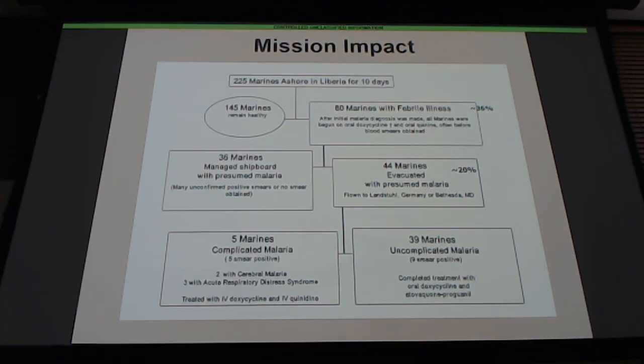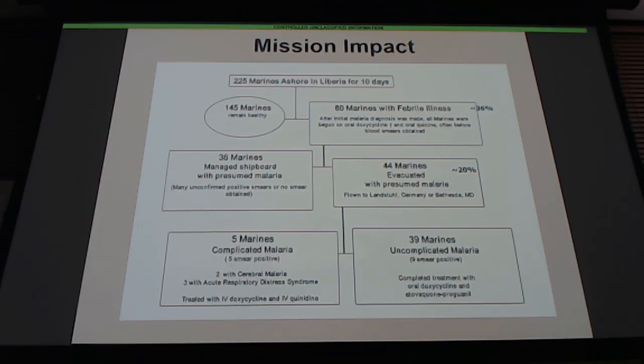Right off the bat, removing 80 of them put them at 36% down. Okay? Would you consider your unit still mission effective when you're 36% down? That's not good, right? The magic number for deployment is minimum 92%. Okay? So these guys are already 36% down.